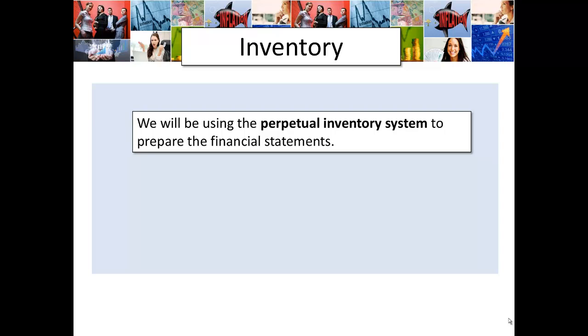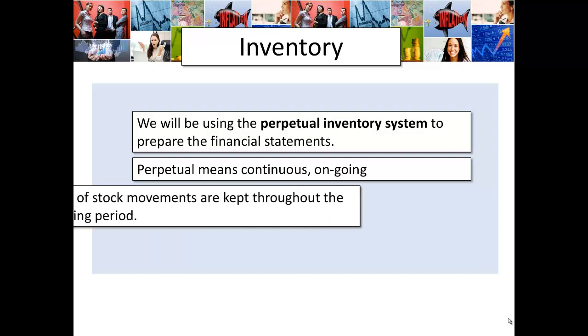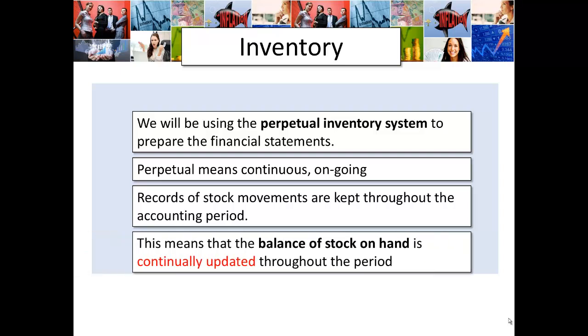Inventory. Just a technical note here. We are going to be using a perpetual inventory system to prepare our financial statements. Perpetual meaning this is continuous, it's ongoing, it's regularly updated. So records of stock movements are kept throughout the accounting period. And that means that the balance of stock on hand is continually updated throughout that period.